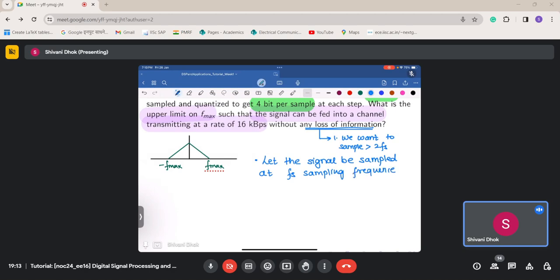So what does this mean? This means that in 1 second fs samples are generated.